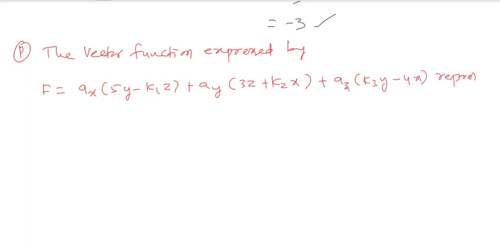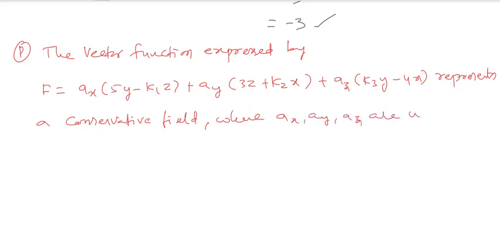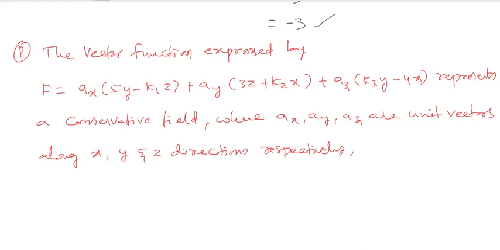Don't get confused, this ax, ay, az are again i, j, k. It represents a conservative field, where ax, ay, az are unit vectors along the x, y and z directions respectively. Then the values of k1, k2, k3 are dash.